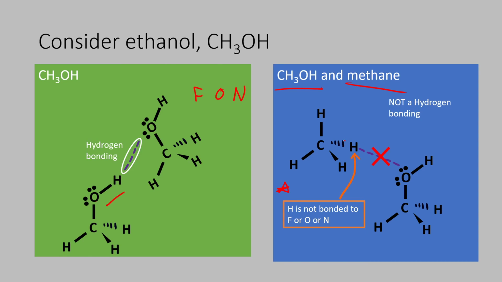Tapi kalau hydrogen tu connect dengan carbon, dia tak boleh buat hydrogen bonding. Okay, untuk hydrogen bonding, H dengan F, O, N. Okay, dia mesti ada hydrogen yang connect dengan one of these three, and dia boleh connect with another hydrogen yang also connected with F ataupun O ataupun N.